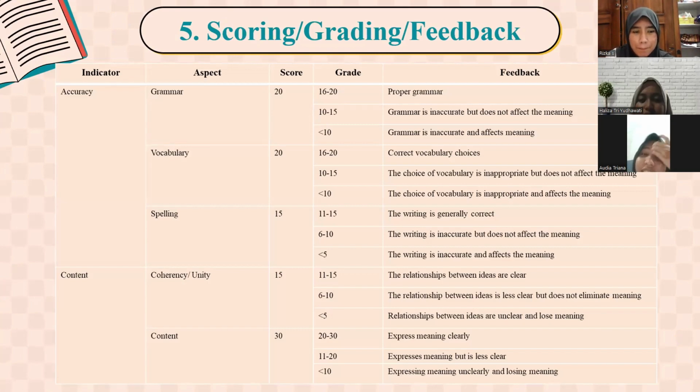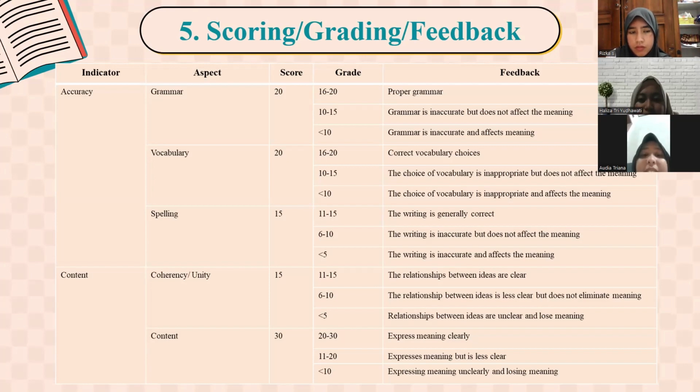All right, so there are scoring, grading, and feedback. So in this rubric, as you can see, there are two indicators: accuracy and content. So in the accuracy indicator, there are grammar, vocabulary, and spelling. So for each aspect, for grammar it gets 20 score, and then vocabulary gets 20 score, and then spelling gets 15 score.